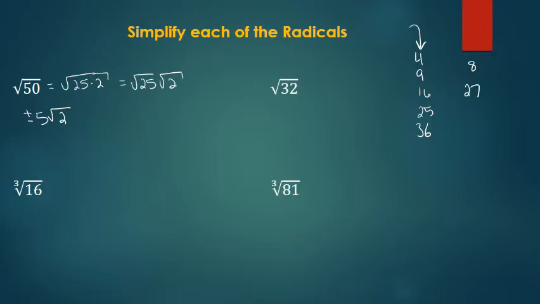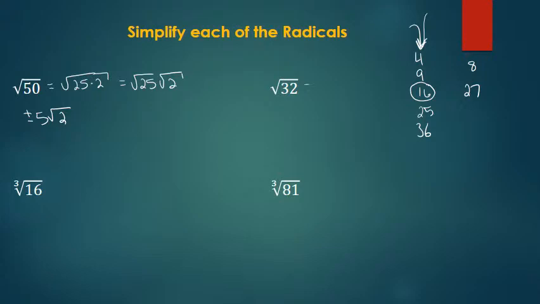All right, so now I'm going to move to the next one, which is the square root of 32. Again, because it's a square root, I care about my list of squares. So 4 goes into 32, but there's a larger number that goes into 32 as well, and it's 16. The bigger number that you pull out, the fewer steps you're going to have to take. So I'm going to go ahead and use that one.